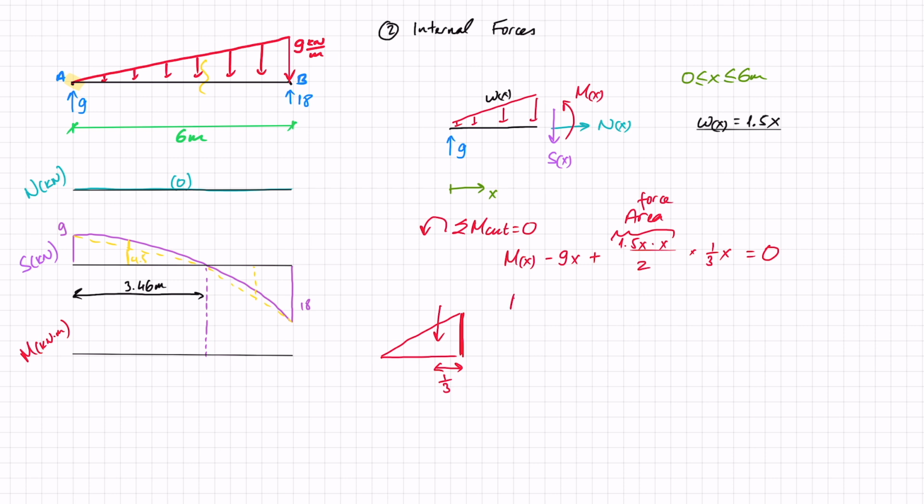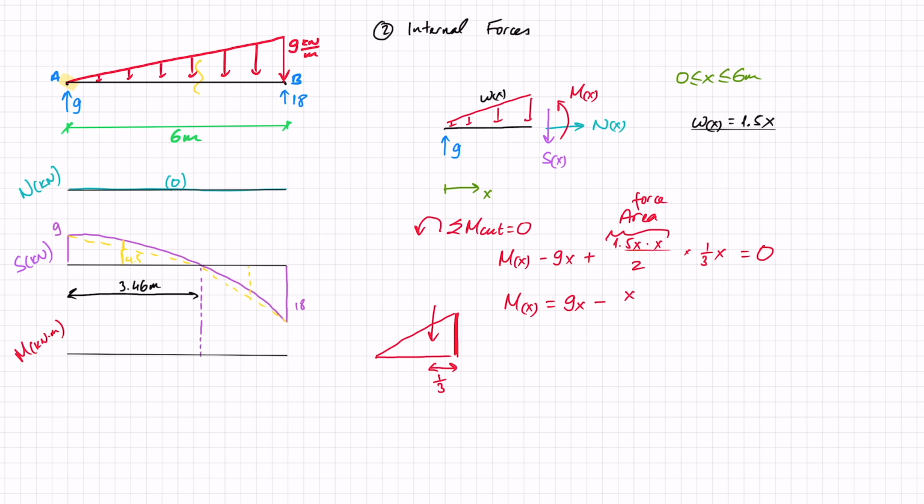So Mx equals 9x minus this thing here, which is going to be 1.5 divided by 6, and that gives me 1/4. So it'll be x cubed divided by 4. And this is the equation for my moment.